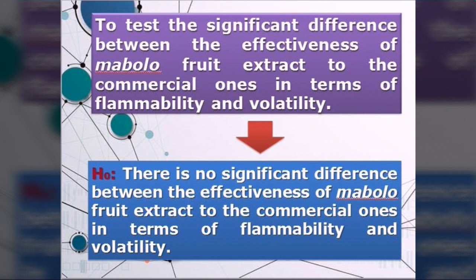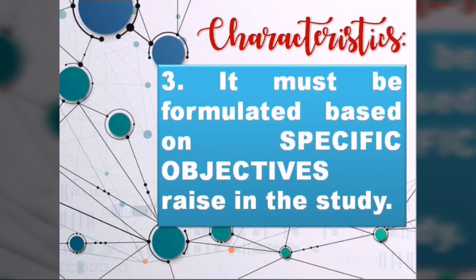What do you think is the characteristic of a good hypothesis for this? Third characteristic, it must be formulated based on specific objectives raised in the study. Again, it must be aligned with the specific objectives.